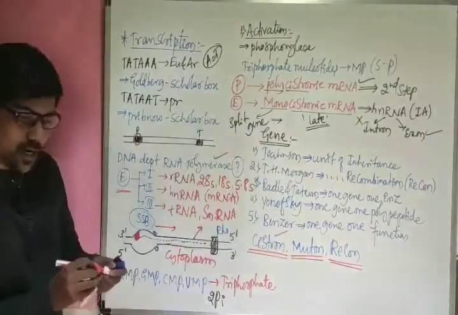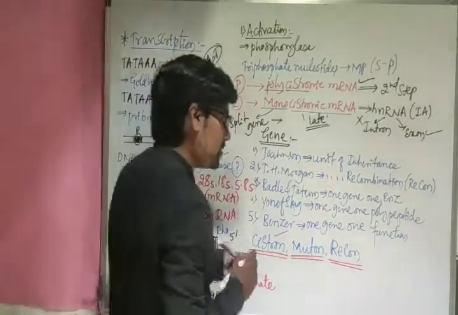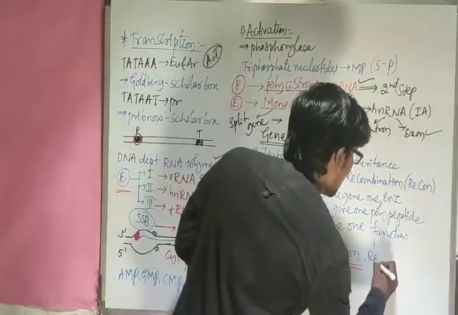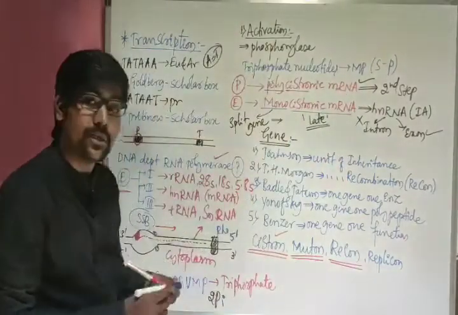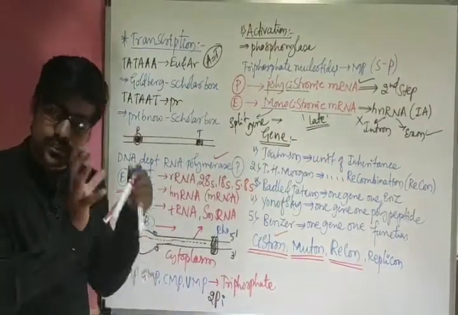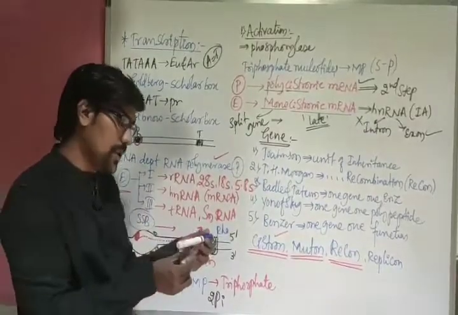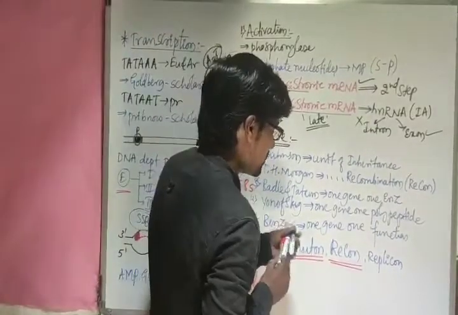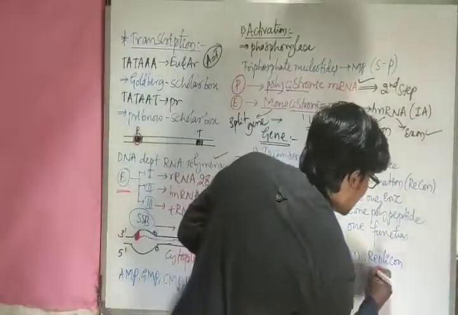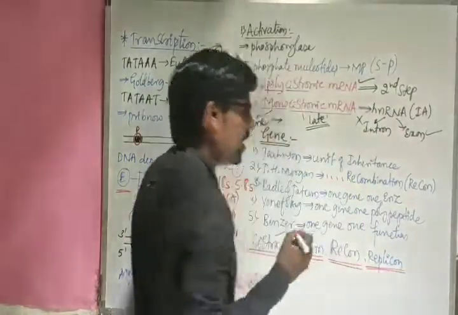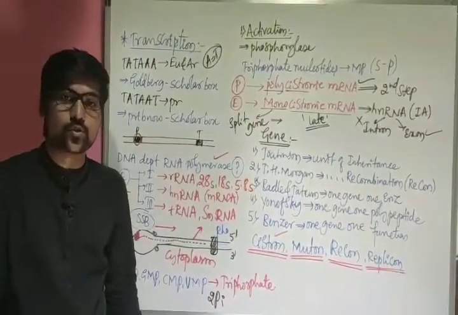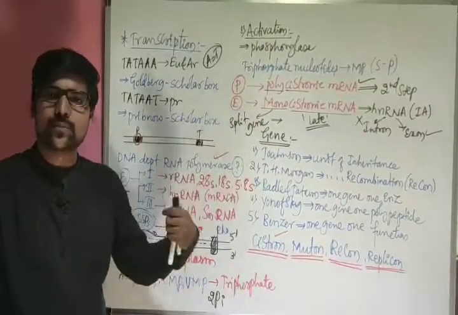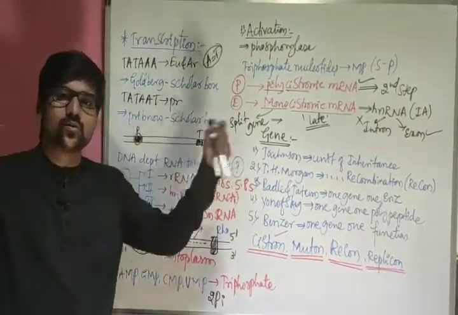And one more term you can refer to for the gene is the replicon. Replicon means the portion of the gene which undergoes replication. Here the origin of replication is the starting point for the replication process. In prokaryotes it is just one, in eukaryotes there are many.